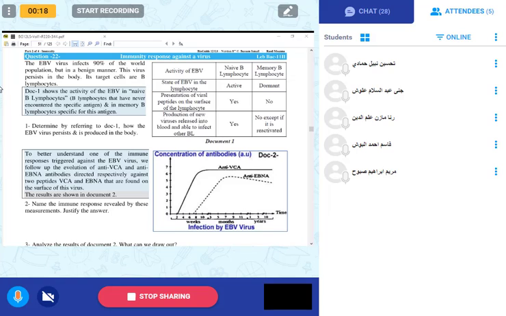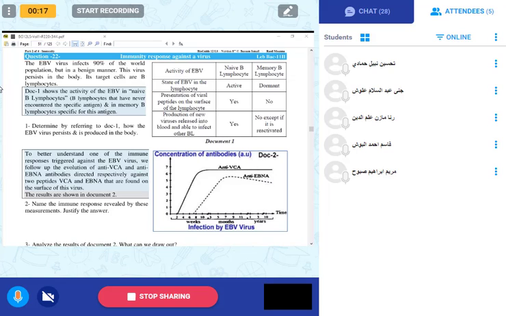Document 1 shows the activity of the EBV in naive B lymphocytes that have never encountered the specific antigen, and in memory B lymphocytes specific for this antigen. طيب activity of EBV بقلب النايف B lymphocyte it is active، بينما بالميموري بيكون dormant يعني hidden مخبى.